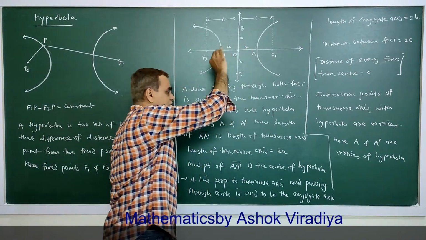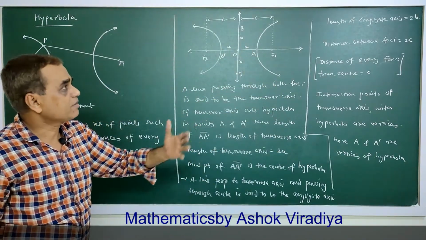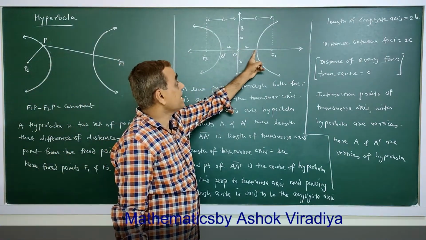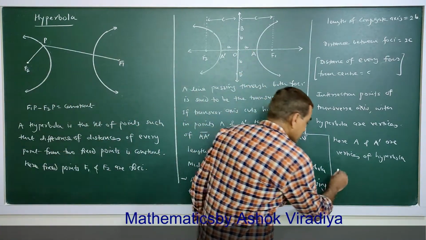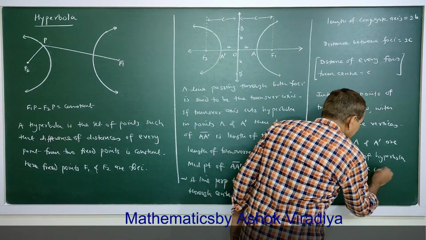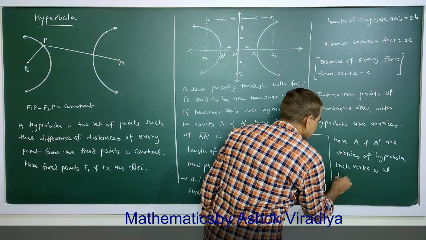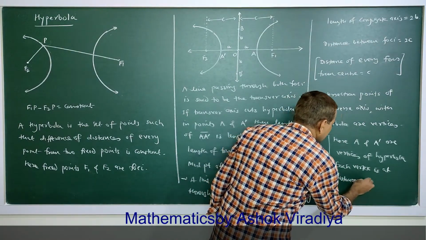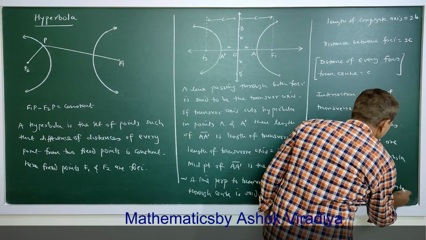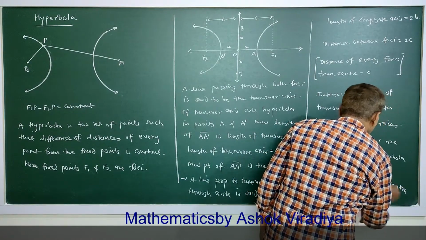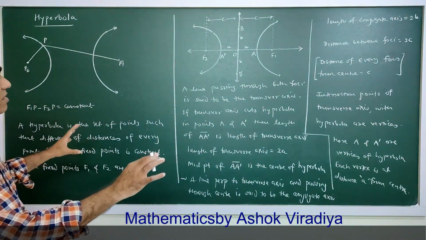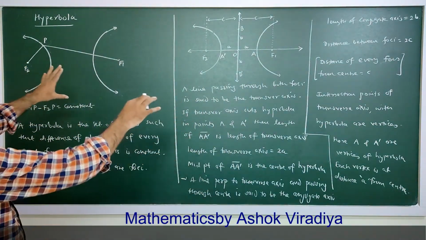A and A dash are vertices of hyperbola, and each vertex is at a distance a from center. So these are symbols and words which we are using in this topic.